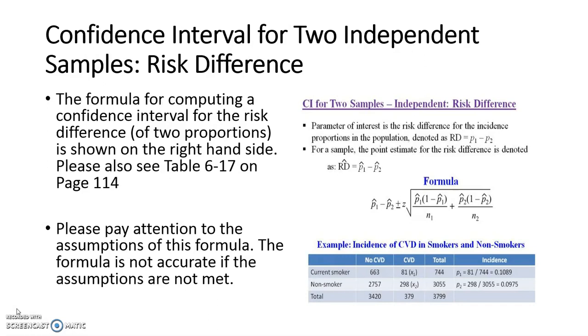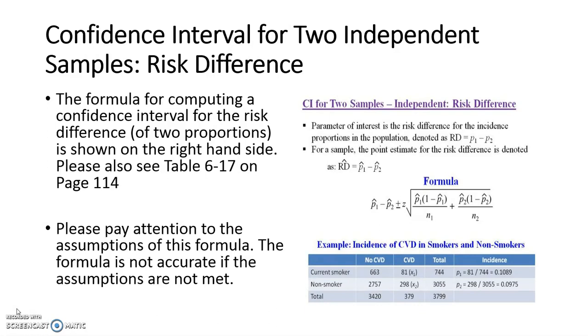First, for risk difference, the formula is shown on the right-hand side, and you can also see it in table 617 on page 114. If you look on the right-hand side, you can see RD, that's the risk difference.